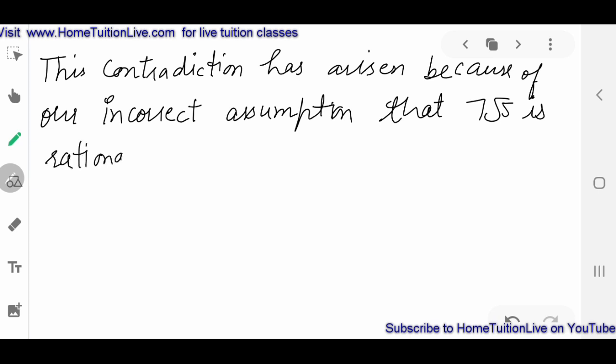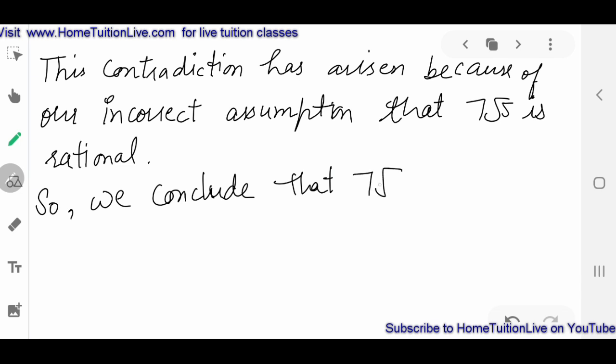So we conclude that 7 root 5 is irrational. And this is what we have to prove.